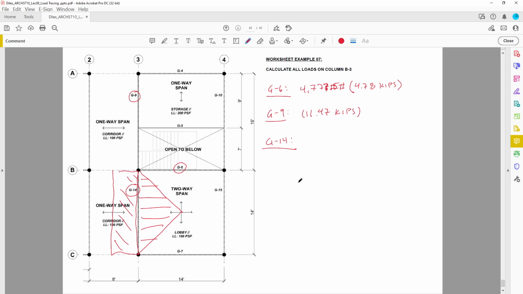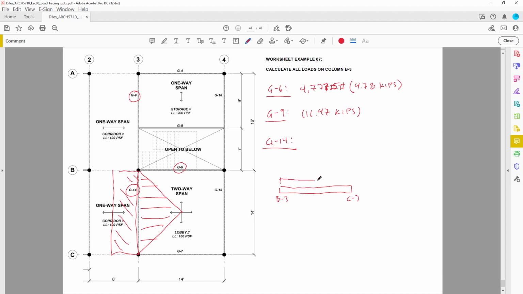So if we look at a quick free body diagram, we've calculated some of these things before, actually. So let's look at B3. It's symmetrically loaded, so it doesn't really matter, but we'll look at B3 on this side and C3 down here. So it's like we're looking at it this way.